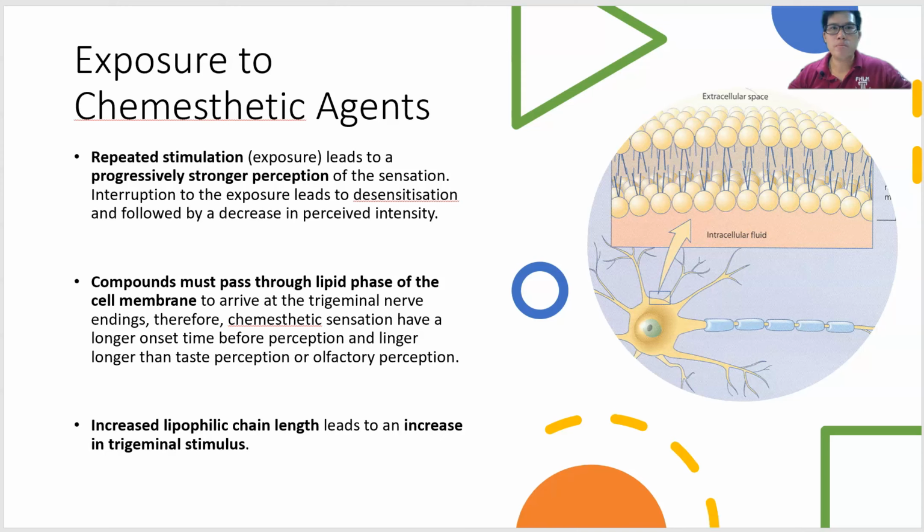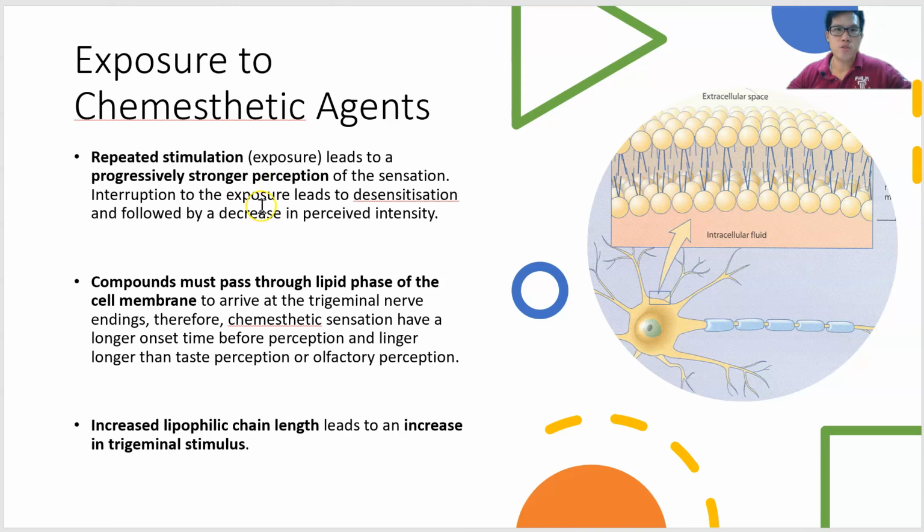So exposure to chemostatic agents, if it's repeated stimulation, will lead to progressively stronger perception, which means that, for example, you're eating chili, it first goes, say, it's alright. The more you eat the chili, the more you expose to the capsaicin, and what happens is that you get worse and worse, more and more burning effect.